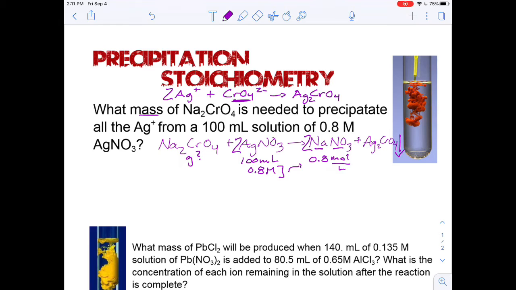There are a couple of ways you could do this, but you need to get into moles eventually. On the side, you could say that 0.8 molar equals 0.8 moles over 1 liter.